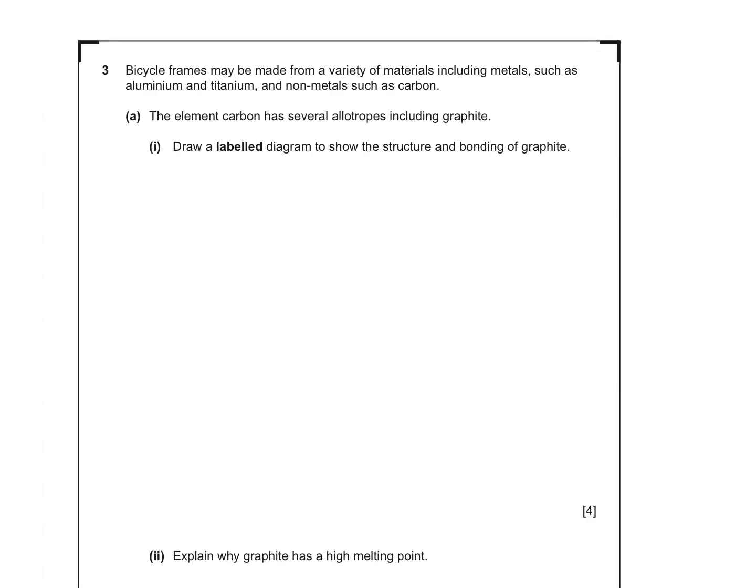Question 3 then, part A. So carbon has several allotropes: graphite, diamond, graphene. And an allotrope is just different forms of the same element in the same state. So graphite is one of those allotropes. So what we've got to do then is draw the carbon atoms.